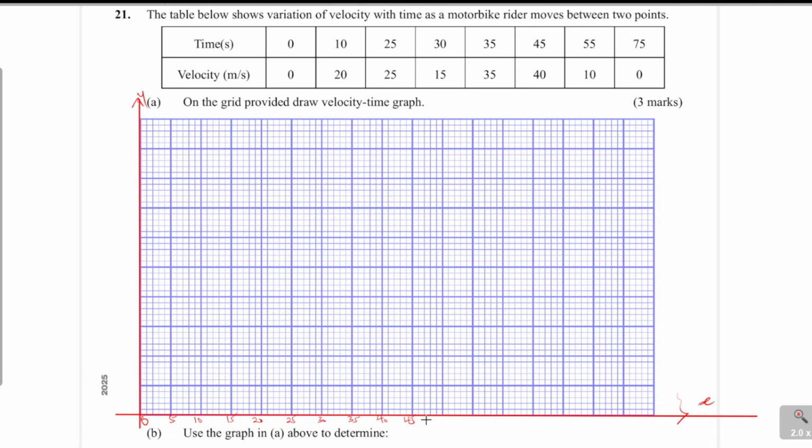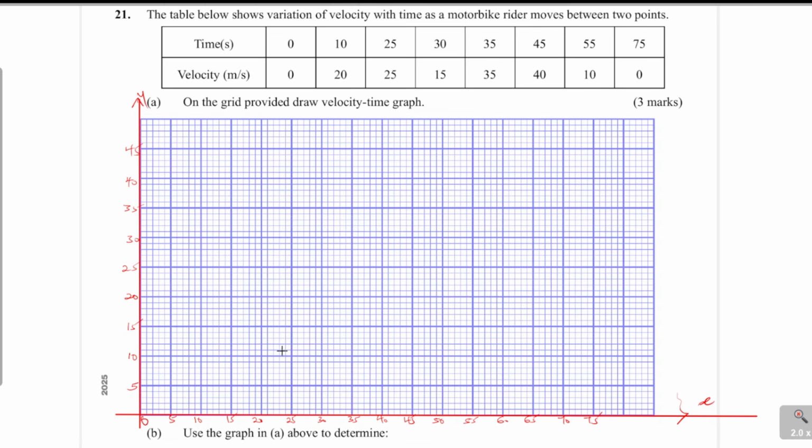For time it goes up to 75, so 50, 55, 60, 65, 70, 75. The y-axis is the same, 5, 10, 15, 20, 25, 30, 35, 40, 45. I can see that is okay. Everything can fit very well.